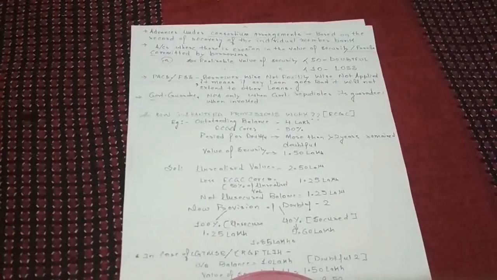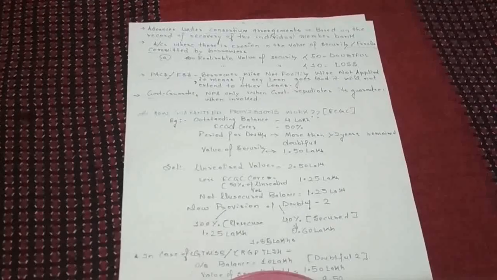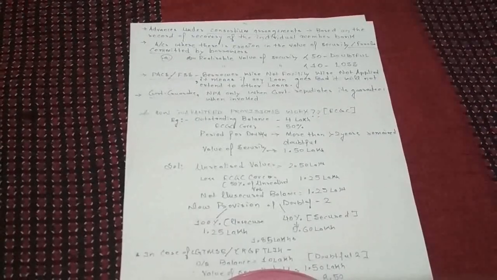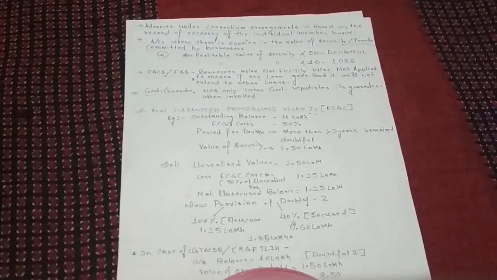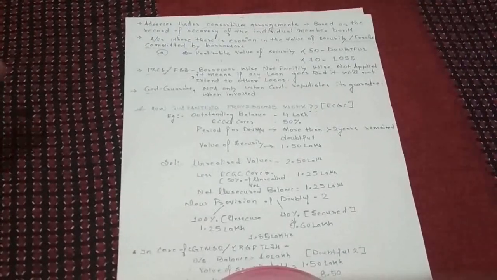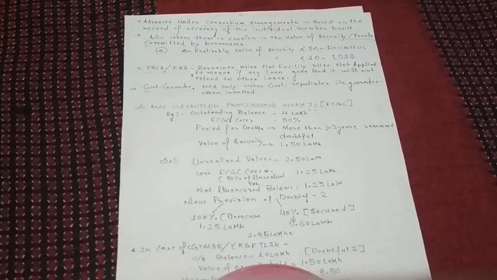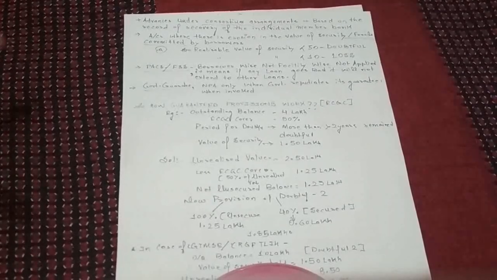Now the next, the advances under consortium arrangements, based on the record of the recovery of the individual member banks. What do you mean by consortium arrangements? Let's say 5 to 6 banks come together and give the loans, like in the case of Vijay Mallya. Lots of banks come together and give the loan to the person, and one bank acts as a nodal bank.